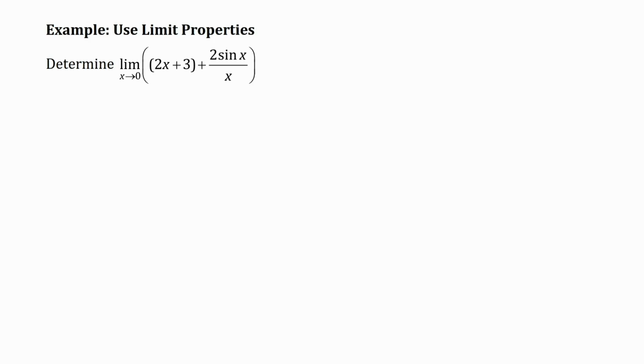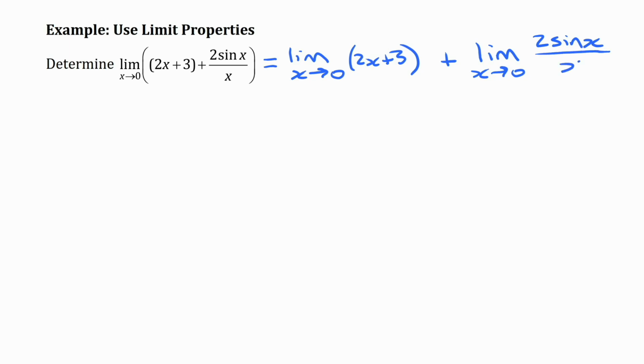All right, so if we want to work out a limit of a function like this, altogether likely not something you've seen, but made up of components that we can work with, 2x plus 3 and 2 sine x over x. So we can write this limit instead as two separate limits, the limit as x approaches 0 of 2x plus 3, and then add the limit as x approaches 0 of 2 sine x over x.